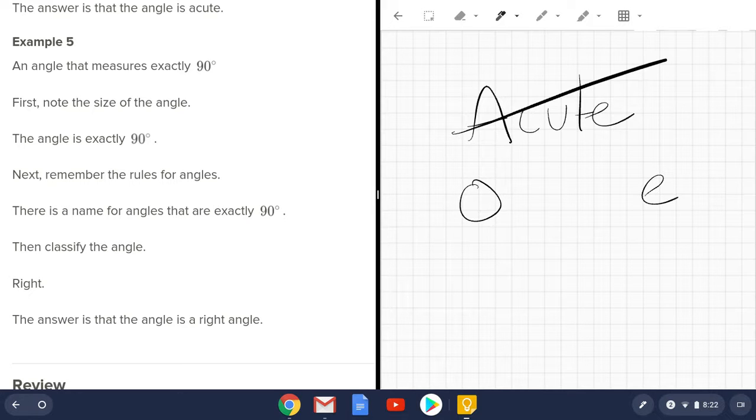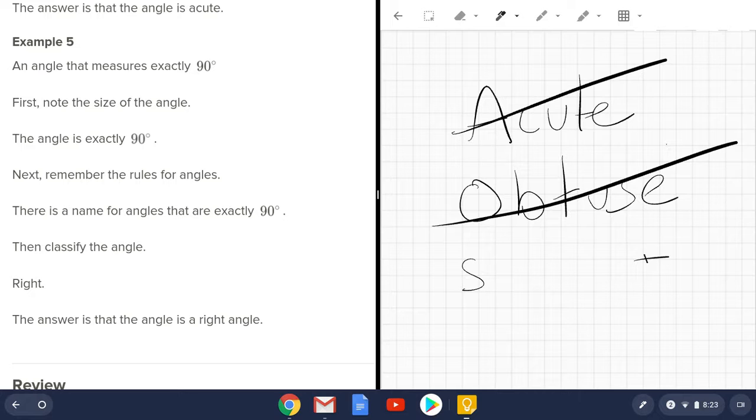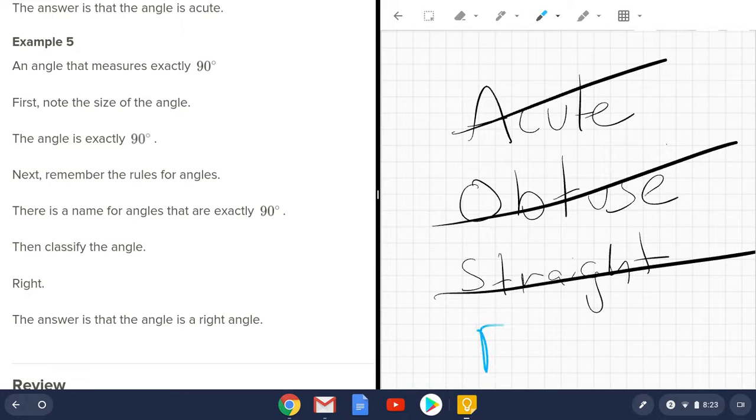So we know that one's out. What about a straight angle? Nope, we also know it's not a straight angle because straight angles have to be exactly 180 degrees. So what do we call angles that are exactly 90 degrees? We call them right angles.